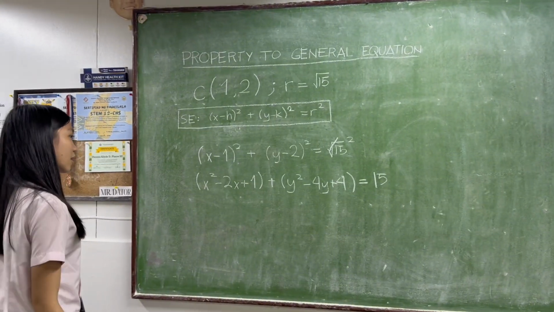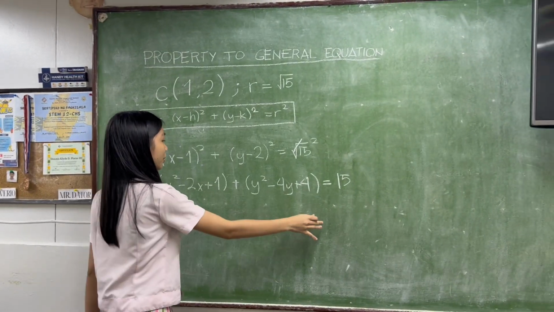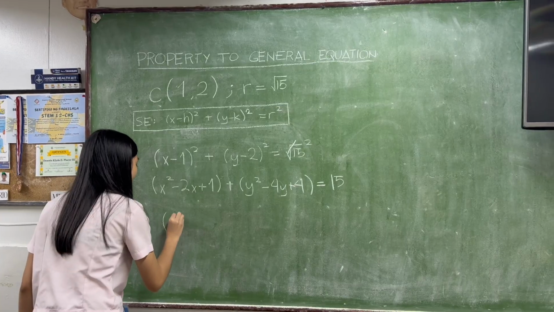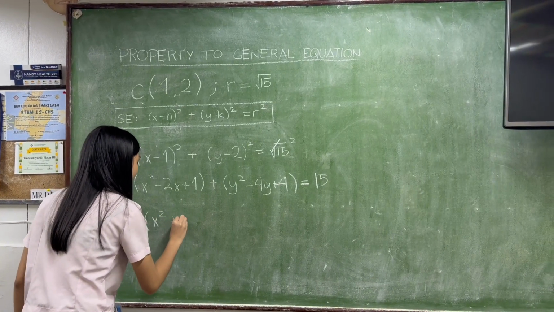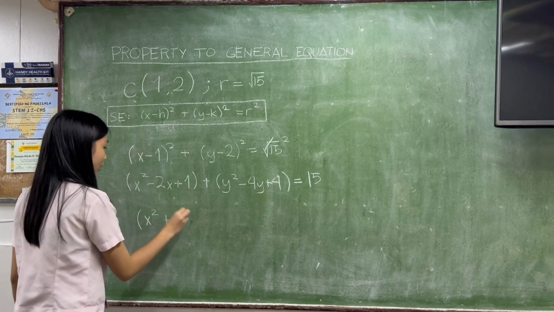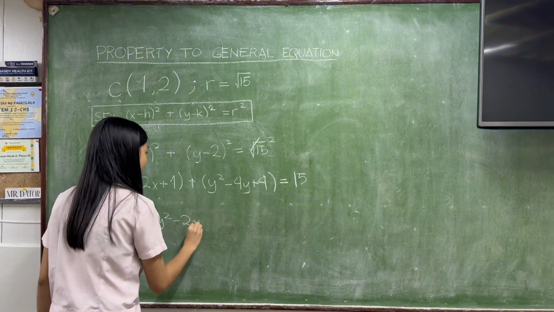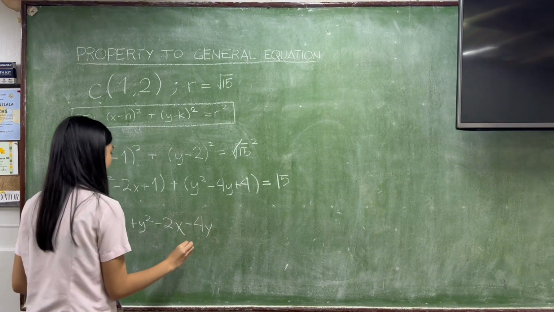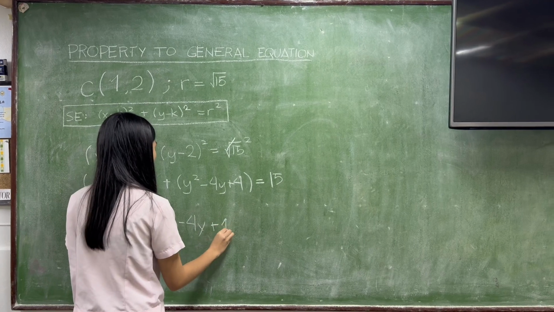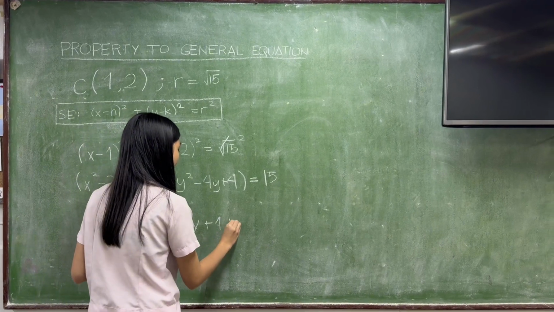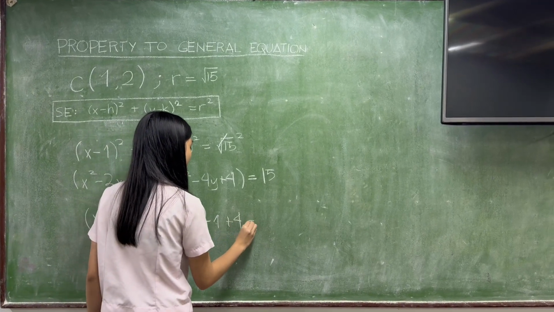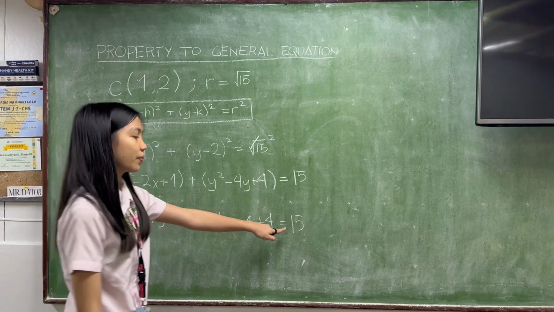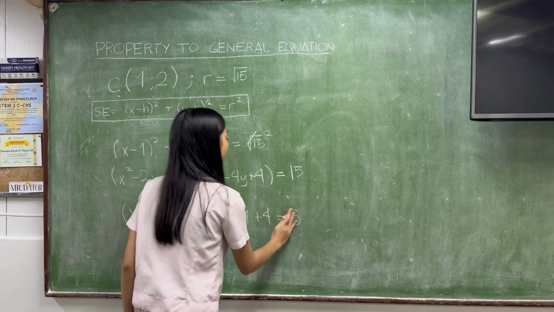Next, let's arrange this equation into the general equation. So x squared plus y squared minus 2x minus 4y plus 1 plus 4 is equal to 15. And we will move 15 to the left hand side.